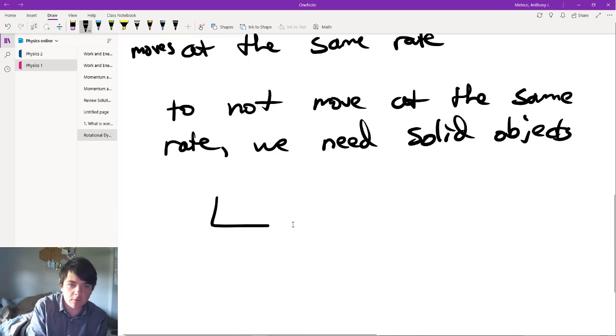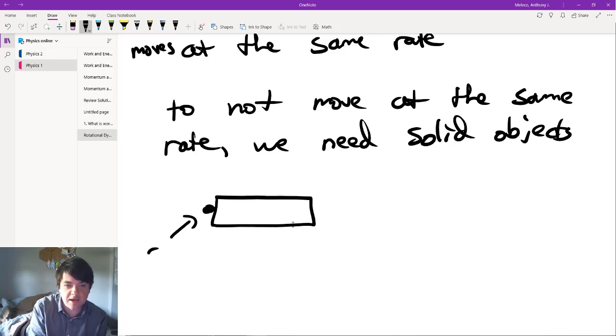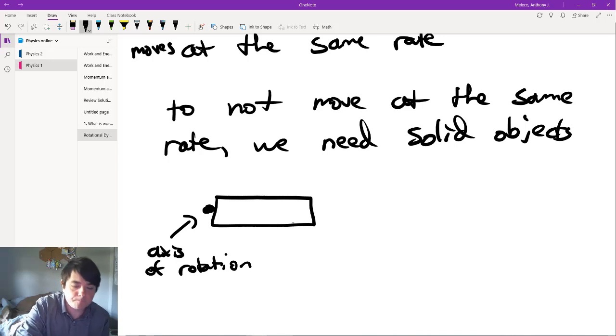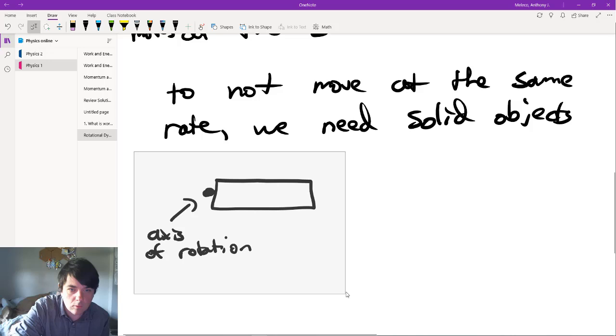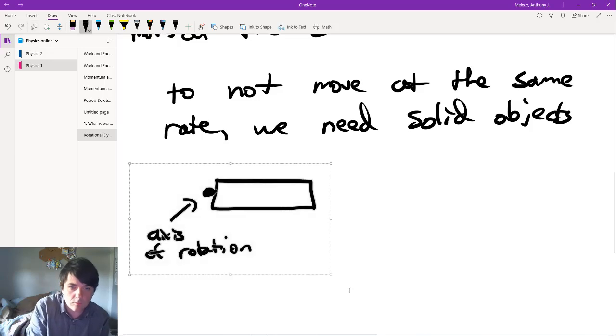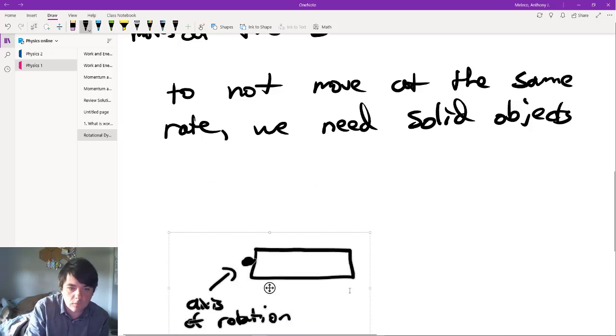So the box now is a box. But more than that, we need something known as an axis of rotation. So we need something to rotate about.